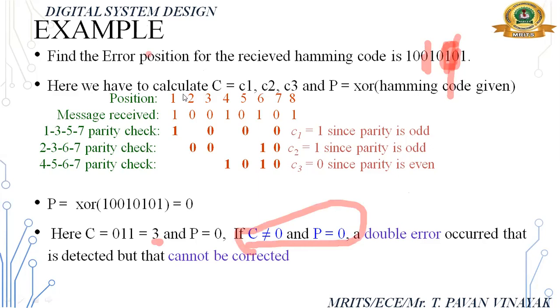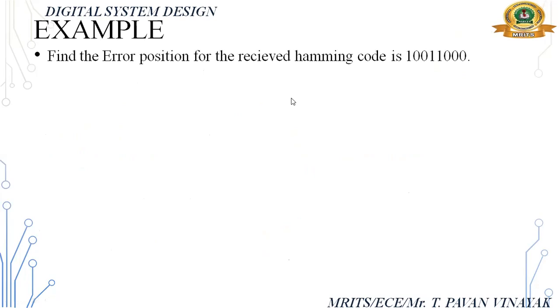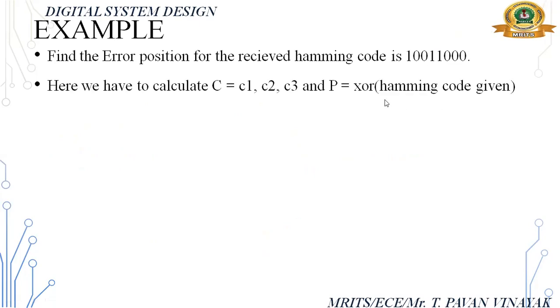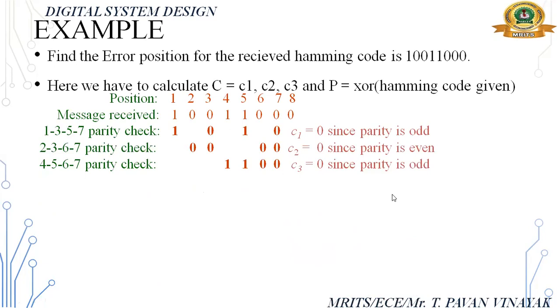Next, last one. Here I am giving the parity position wrong. Everything is same. Let us check whether we get the same condition or not. Calculate C1, C2, C3 and P. Now C1 is 0, C2 is 0, C3 is 0.